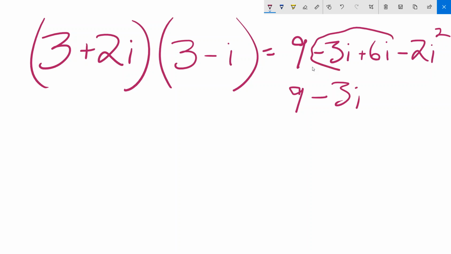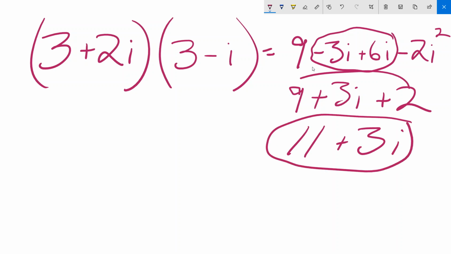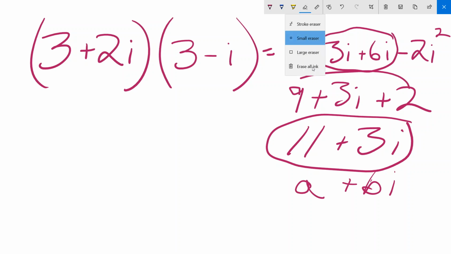First of all, you can simplify those. That would be plus 3i. And what's minus 2i squared equal to? That's plus 2. Okay, and now you can combine the numbers. So you end up with 11 plus 3i. In other words, you always want to combine the real parts and the imaginary parts and get to a point where you're putting it down as a plus bi. So, addition, subtraction, and multiplication are exactly as you would do it with other variables.